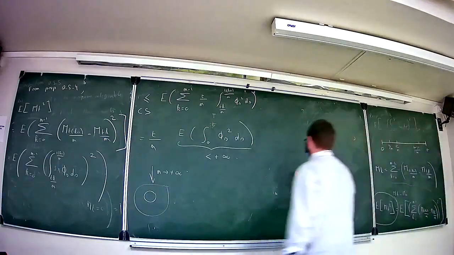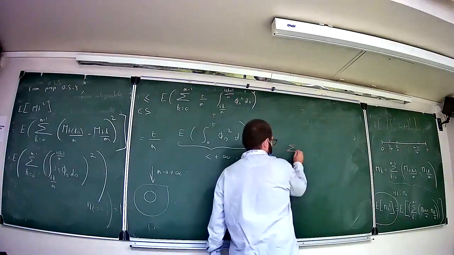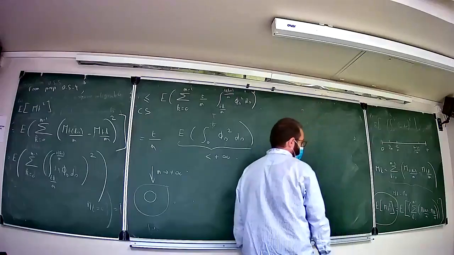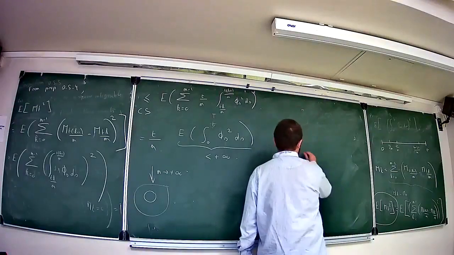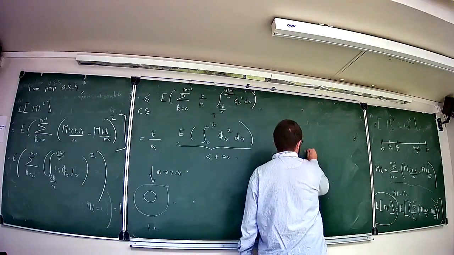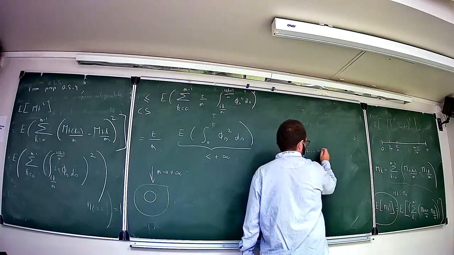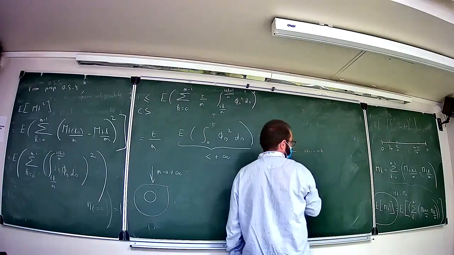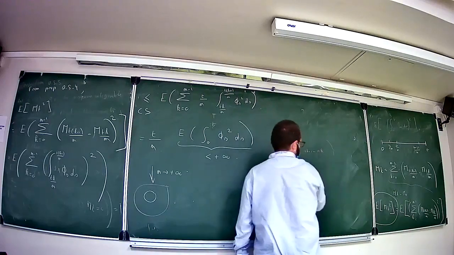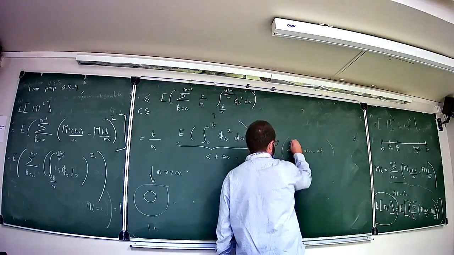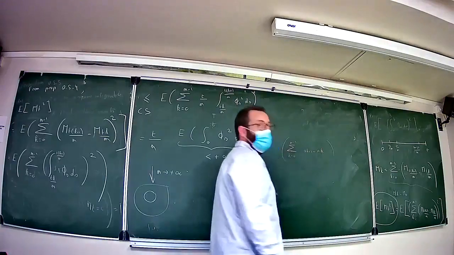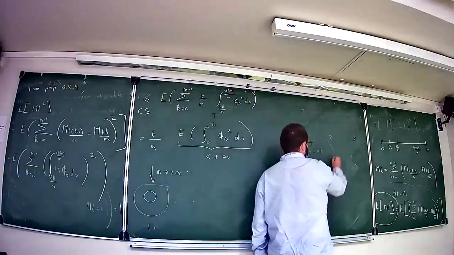If you have the sum of the square, I can write it this way. You have, let's say, A_{k+1} minus A_k, and you do the square of this one.